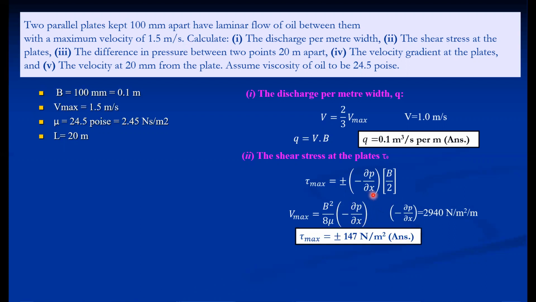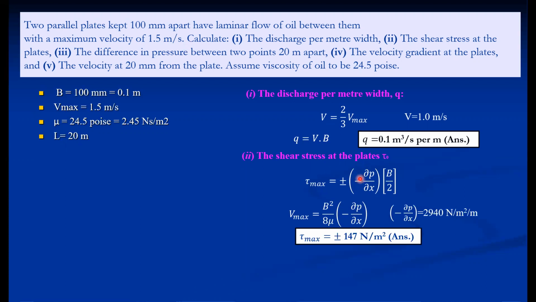So check if any other option is there for calculating this pressure drop. Yes, there is another option: we can calculate minus delta p by delta x using the pressure drop relation. The pressure drop relation is P1 minus P2 equal to 12 mu V L by b square.